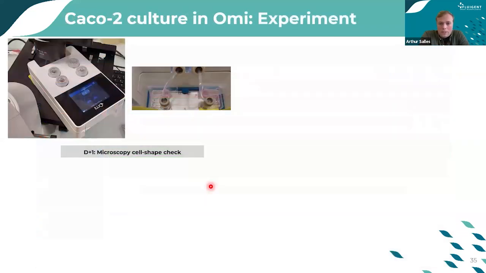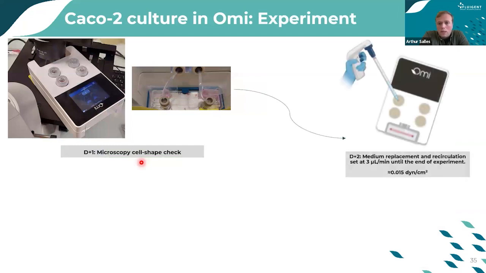Because everything is automated, it's very easy for the user to take pictures of the chip under a microscope. So it's what we have done over time at different time points. And of course, the other task for the user is to change the medium regularly in order to provide the correct nutrients needed for the cells.